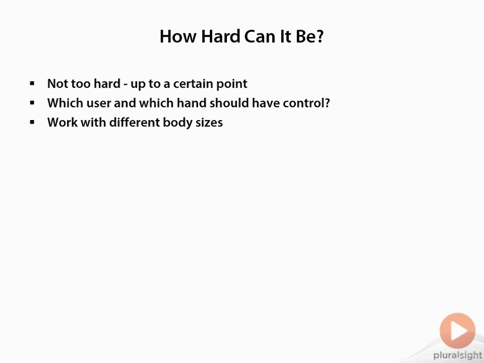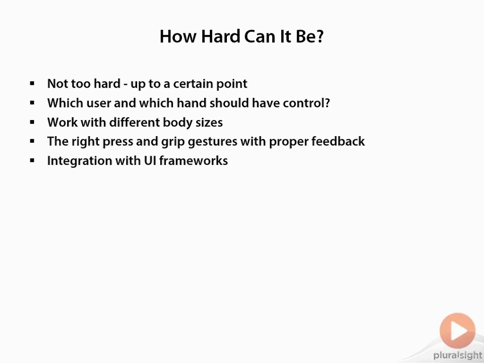You will also need a proper press detection with the right user feedback and a grip detection, which is also very difficult to implement. And so is integration with existing control frameworks such as WPF. These are the problems that Kinect Interaction can help us with.